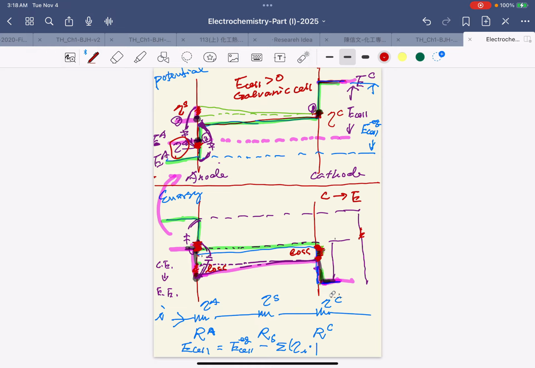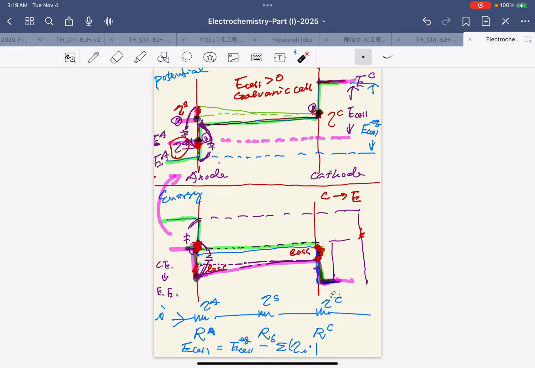Solution overpotential. So you have the cathodic overpotential, the solution overpotential from the solution resistance, and also the anodic overpotential. So in this case, the final E cell should be from this one minus this one minus this one and minus this one. Then you get the real E cell.